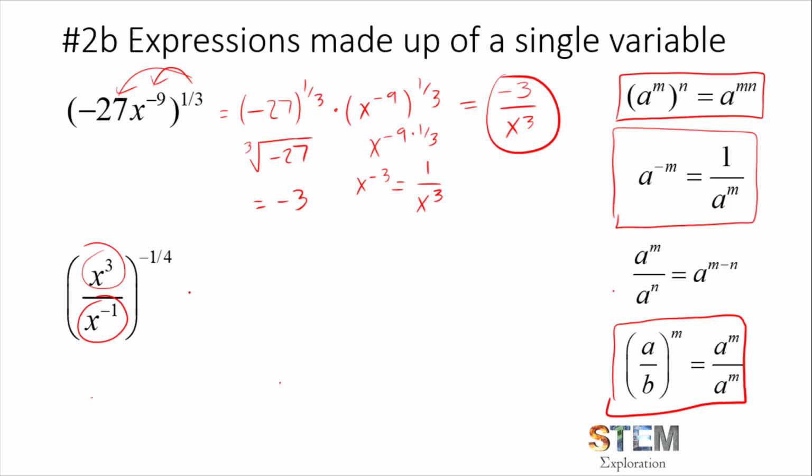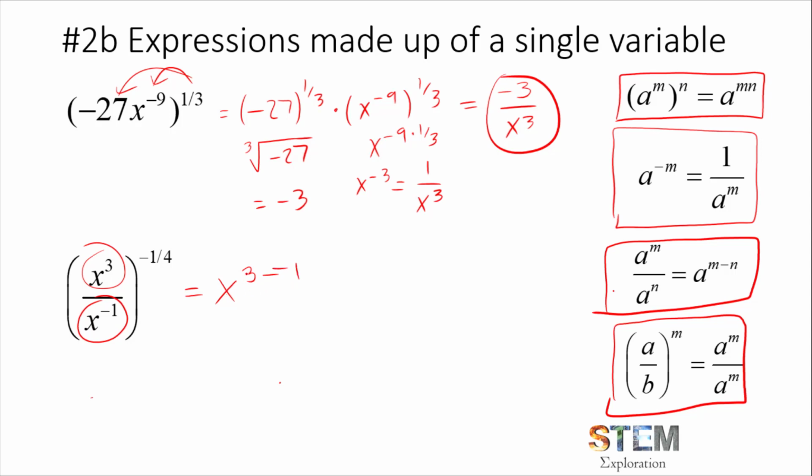Whenever you see this circumstance arise, when you have x to the 3rd power divided by x to the negative 1 power, we can actually apply this variation first, where you take the power of the numerator, which is the third power, and subtract it by the power of the denominator.